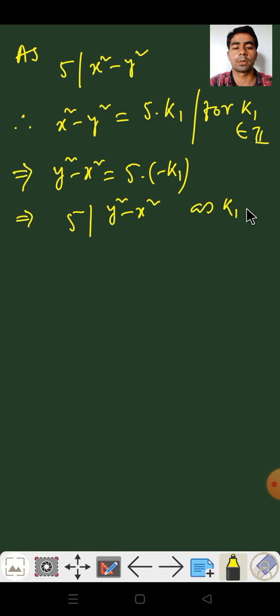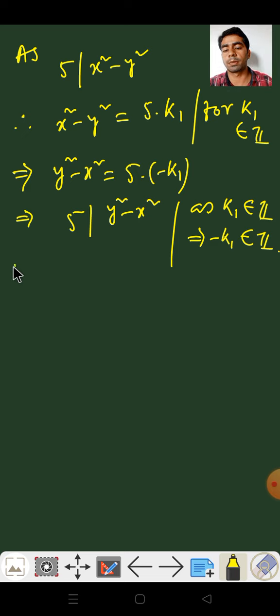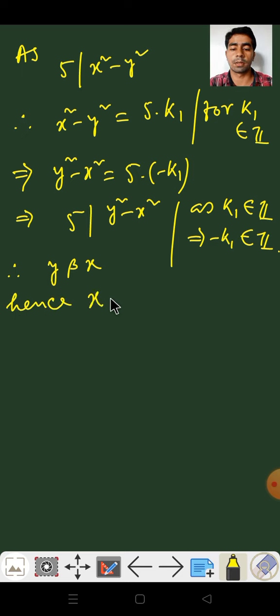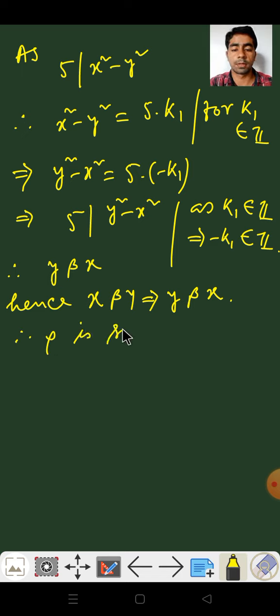As k1 belongs to Z, minus k1 also belongs to Z, and therefore y is related to x also by the relation beta. Hence x is related to y implies that y is related to x, and therefore the relation beta is symmetric.